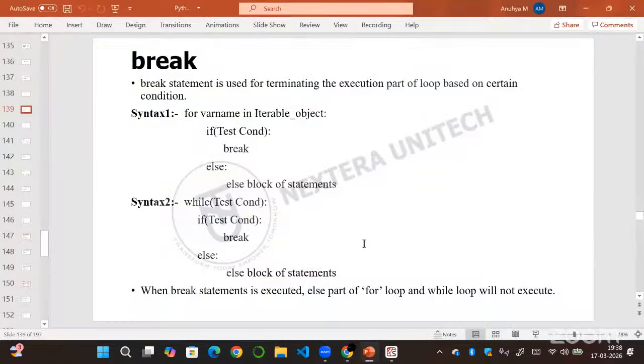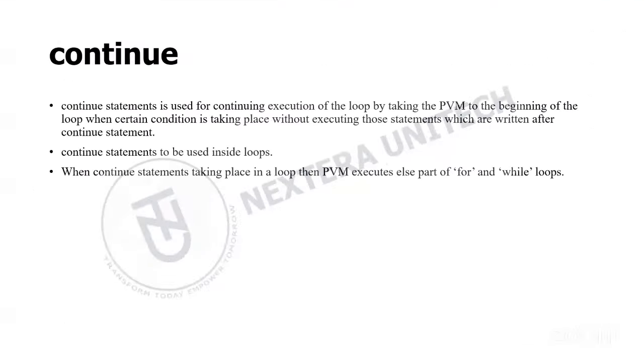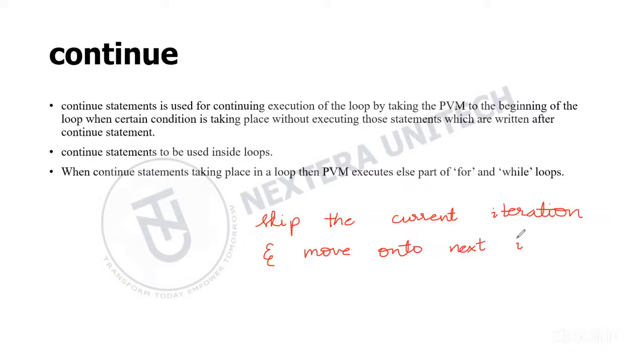So now let us know about the continue statement. Continue statements are used to skip the current iteration and move on to the next iteration in the loop. So continue statement will help us do that.